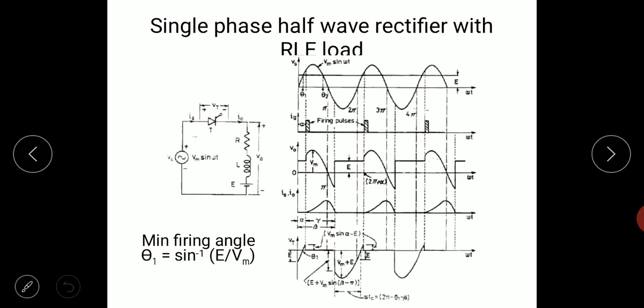Now, what will be the voltage V0? Since the SCR has commutated, the supply voltage is now disconnected from the load. There is no current flowing in the load. So there will be no potential difference across the resistance or across the inductance.